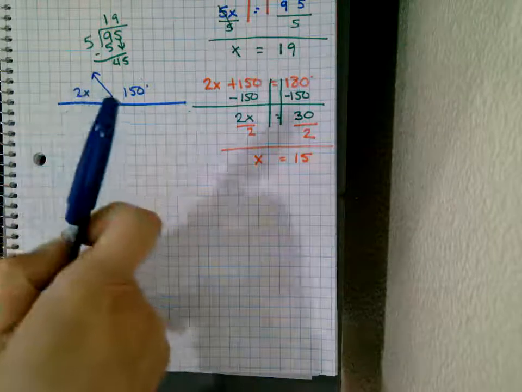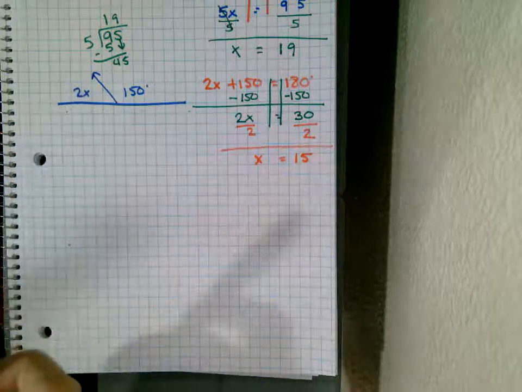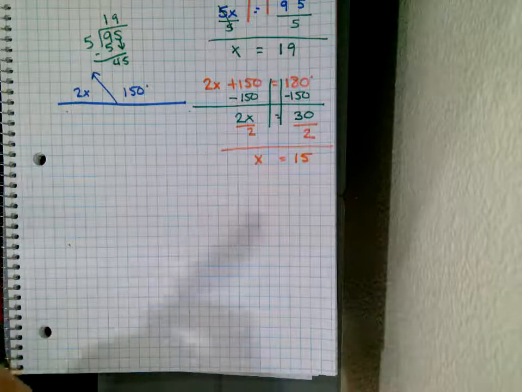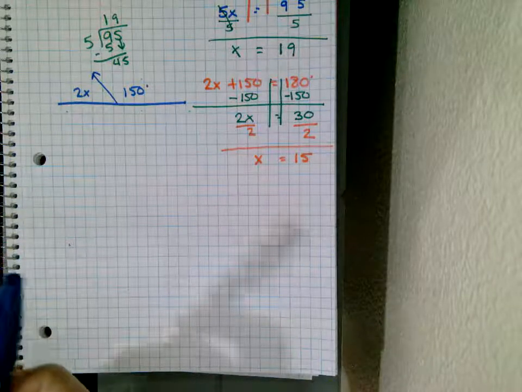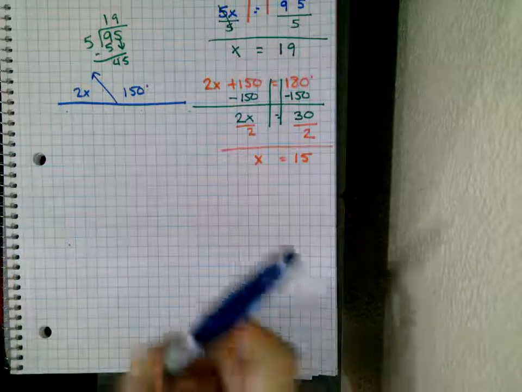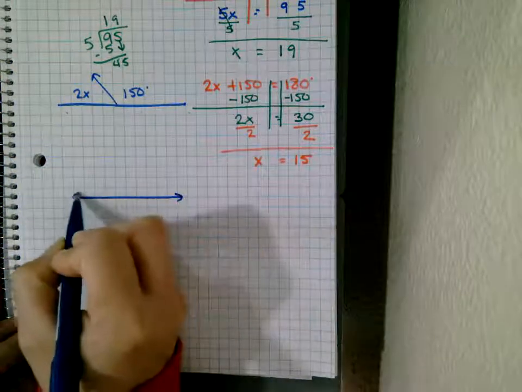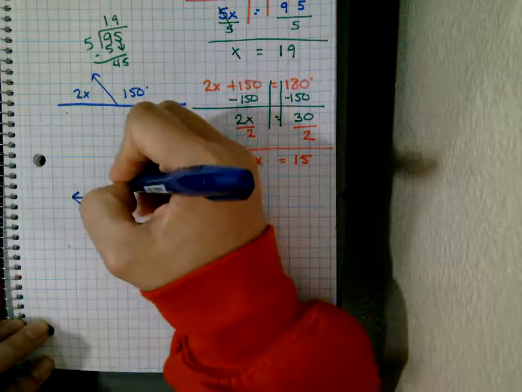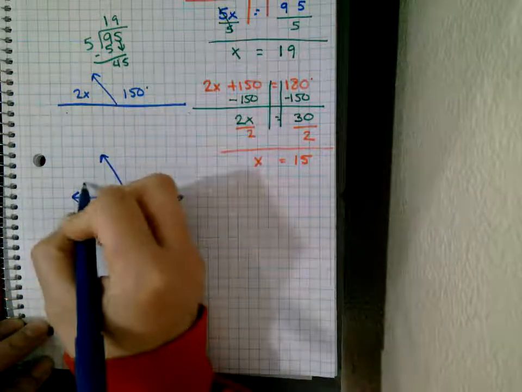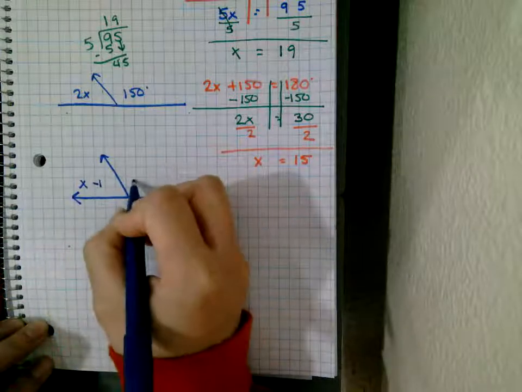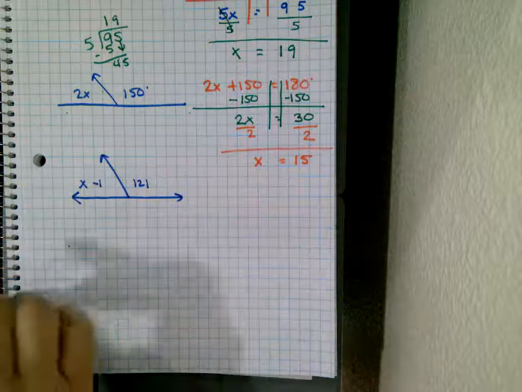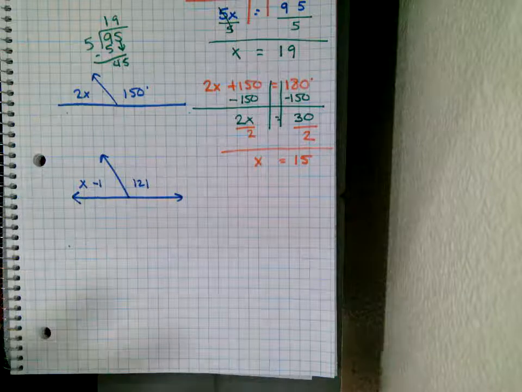Can we do a couple more? Yes. Like I said, we're going to do level 3 because this is where most of you messed up yesterday. This is where I saw most of the mistakes.